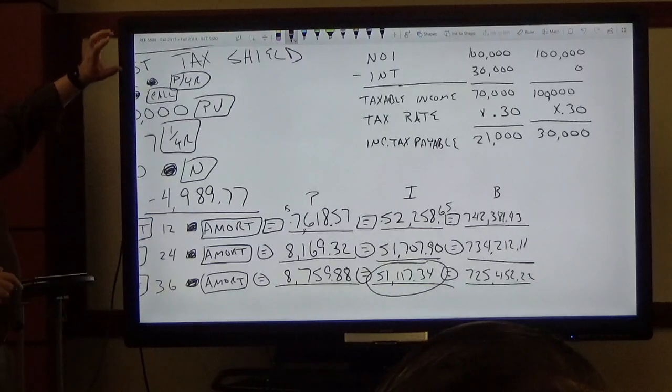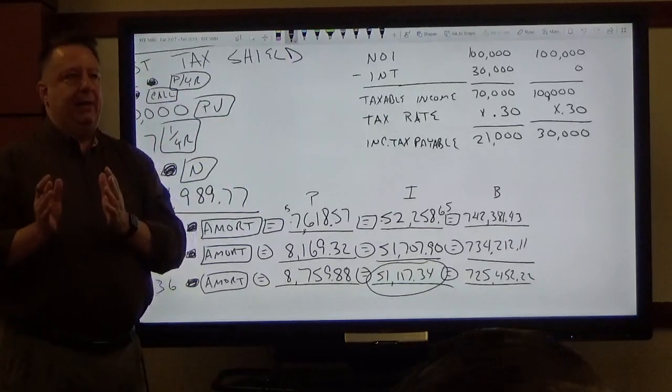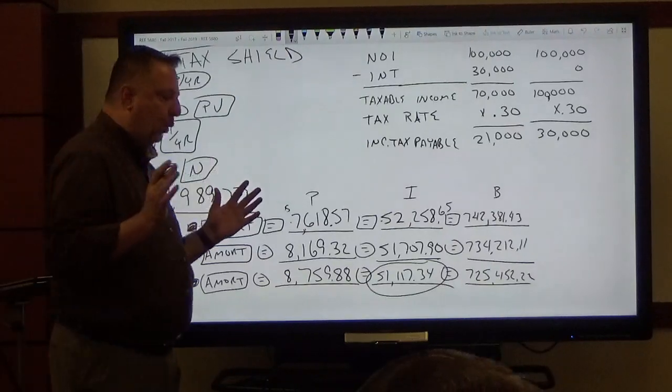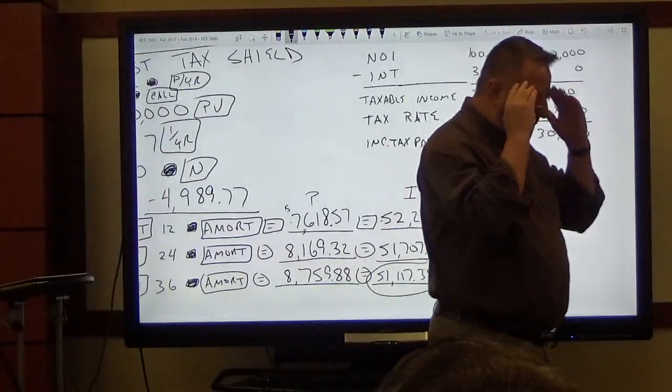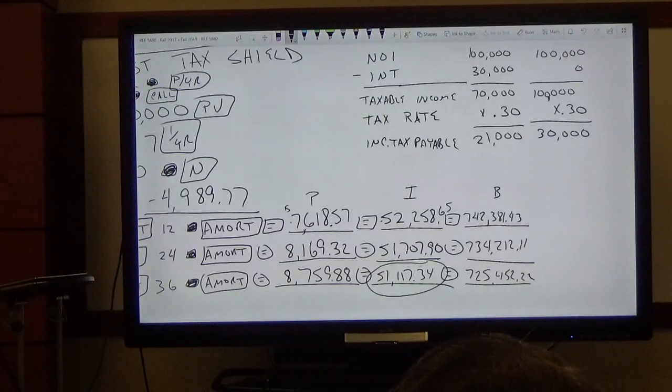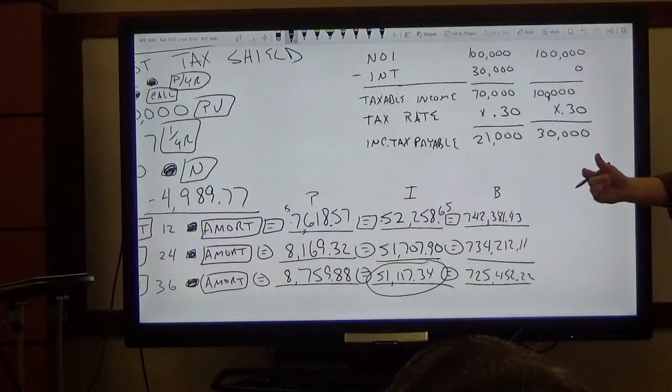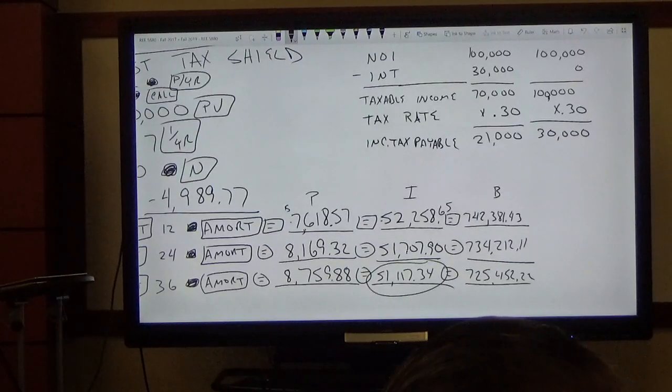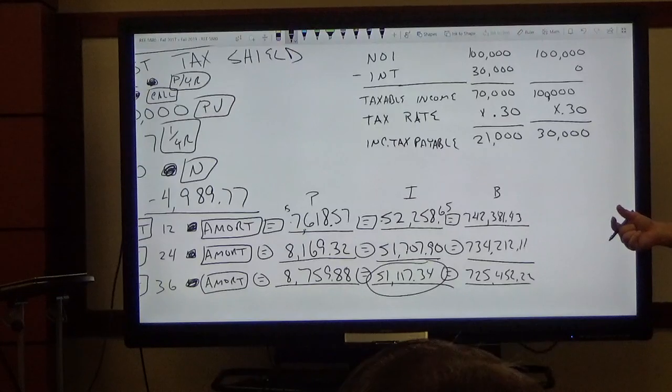But tax brackets are kind of a quirky thing, because most people believe that a tax bracket defines the percentage you're going to be taxed at for all of your income.